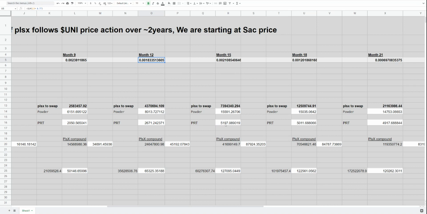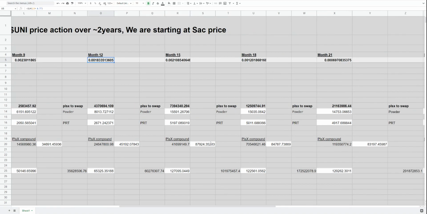Third party token, we're keeping $5,000. PLSX being compounded is going to be $87,000. From our last month or last compound, we brought in 45 grand, and that on top of the end of this month is going to put us at $127,000. Nice.